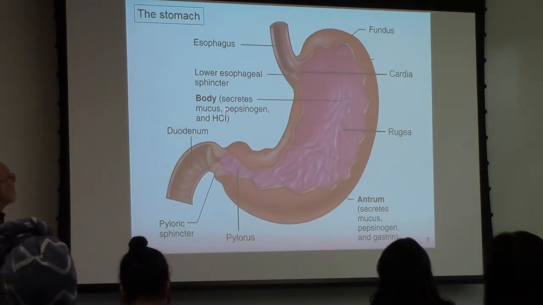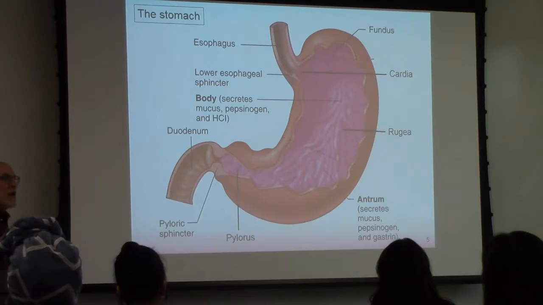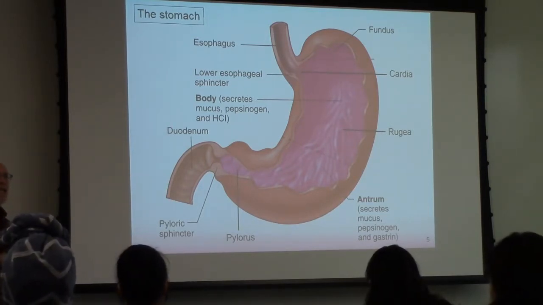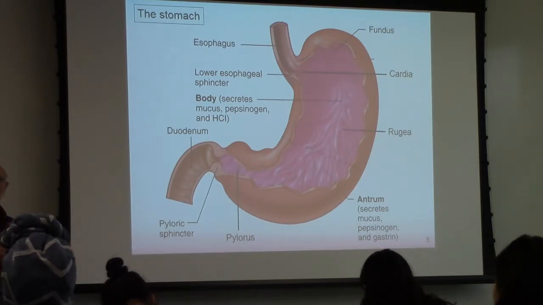Mucus, and a precursor enzyme to pepsin, called pepsinogen. If you see "ogen" on the end of a word, it's a precursor, just like angiotensinogen was the precursor to angiotensin. We're going to see that a lot. Pepsinogen is the precursor to pepsin.